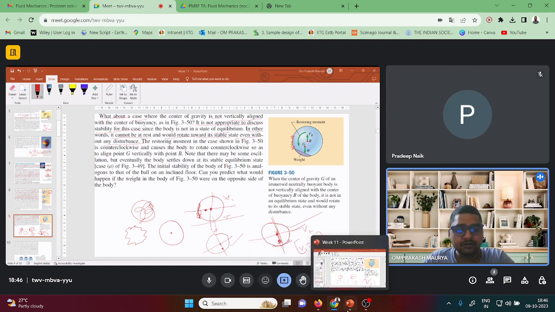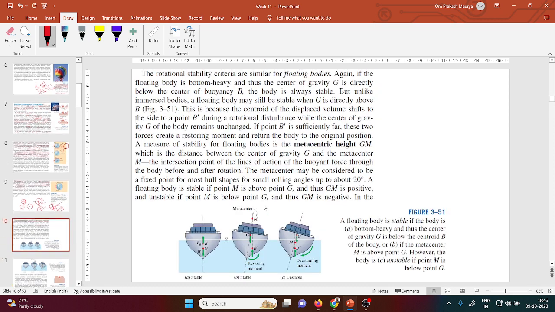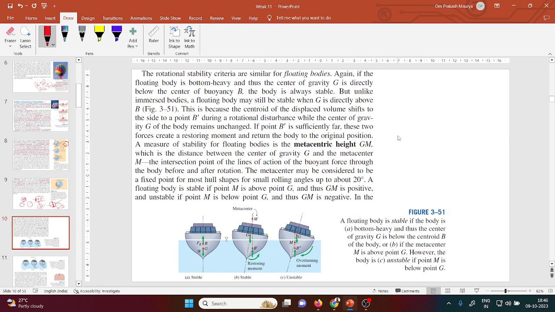So now we move on to the next, the floating thing. This is very, very important also. The rotational stability criteria are similar for floating bodies. Again, if the floating body is bottom heavy and thus the center of gravity is directly below the center of buoyancy, the body will always be stable.